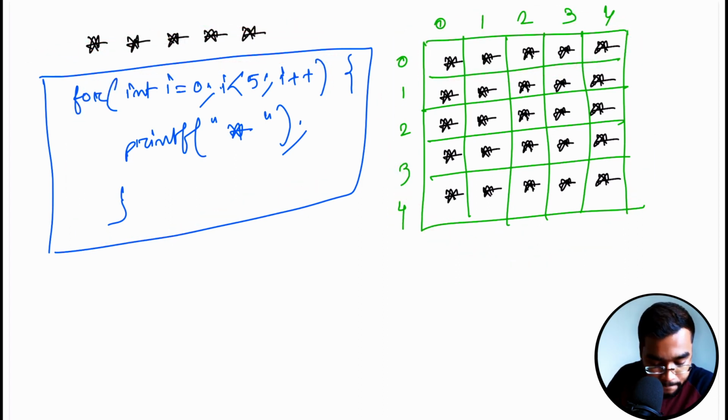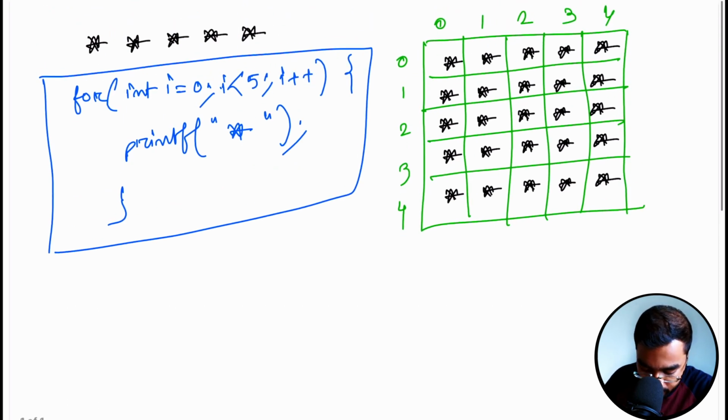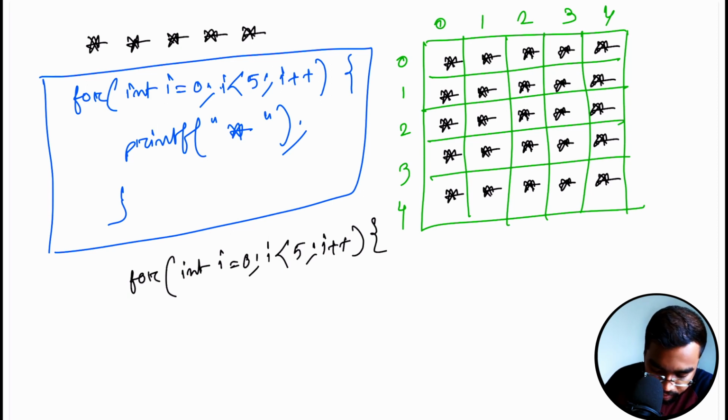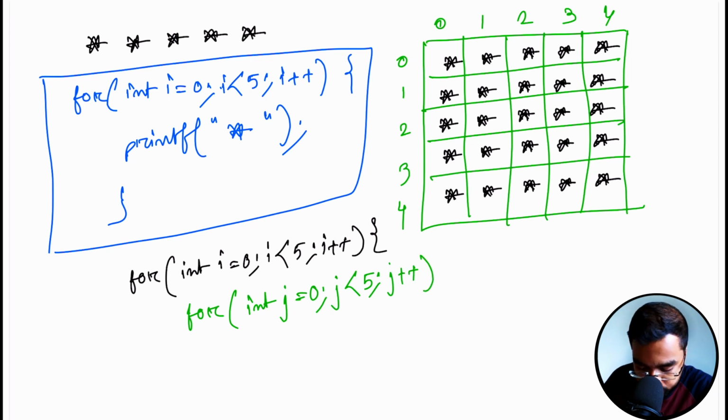For example, if I take for integer i equal to 0, i less than 5, i plus plus. Inside that, I write for integer j equal to 0, j less than 5, j plus plus.